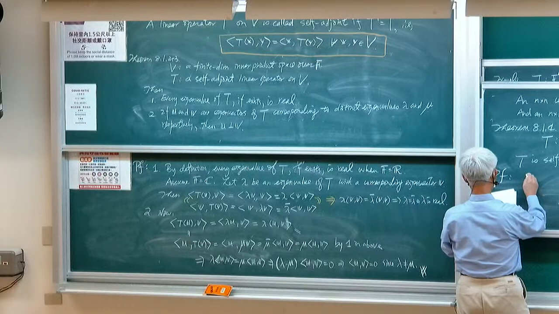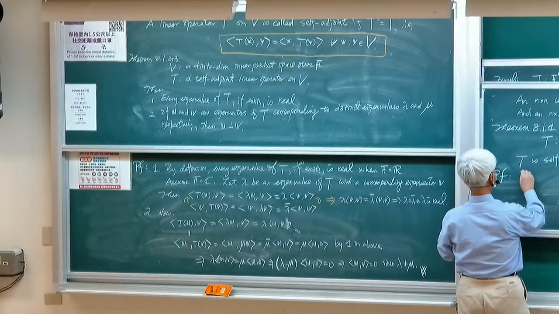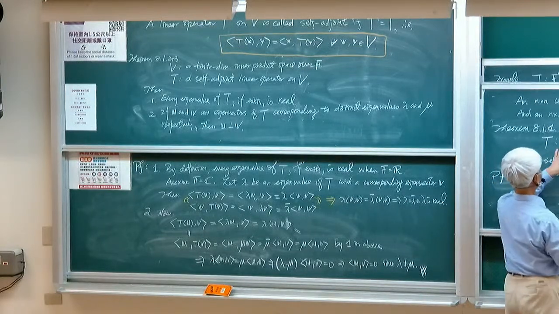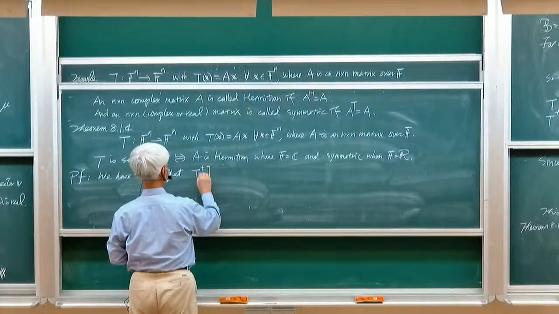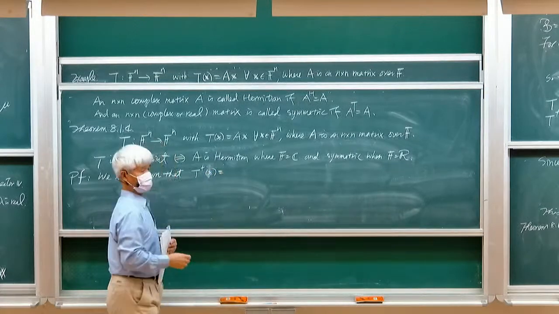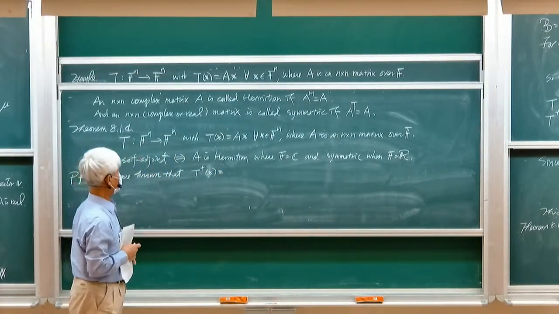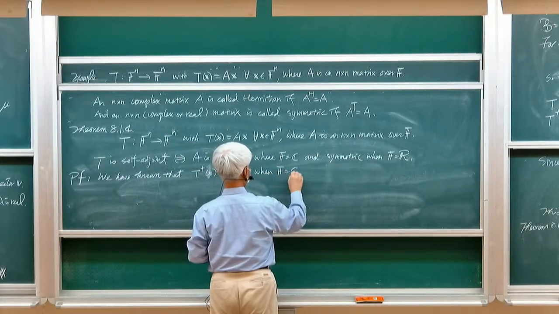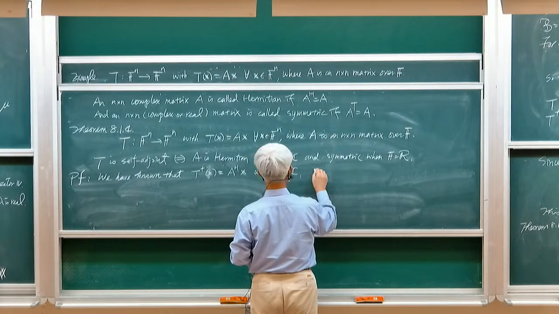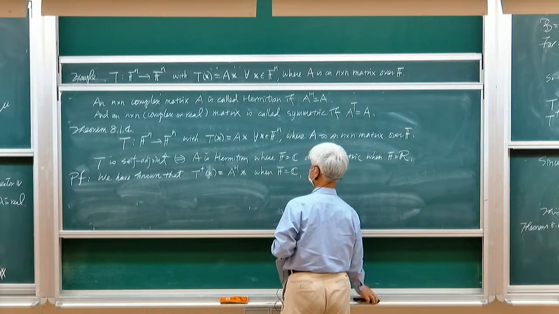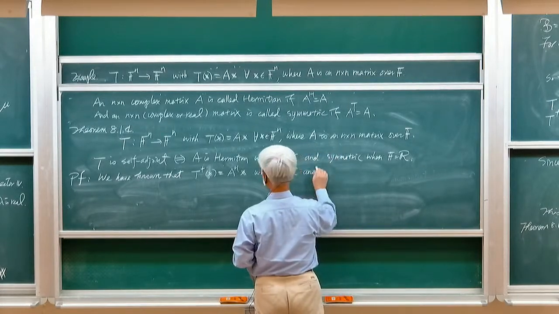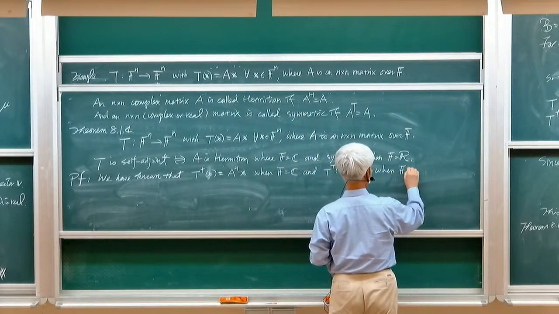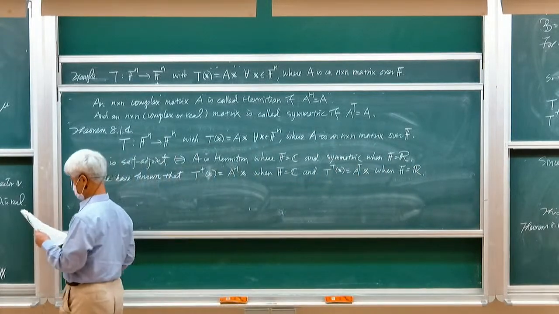Now, we have known that for this special kind of linear operator, the T dagger is A^H x when F is equal to C and A^T x when F equals R. So we already know that.